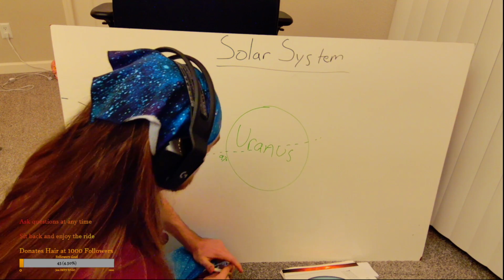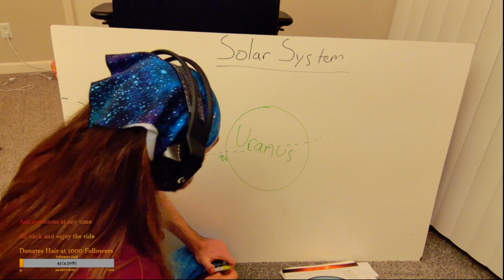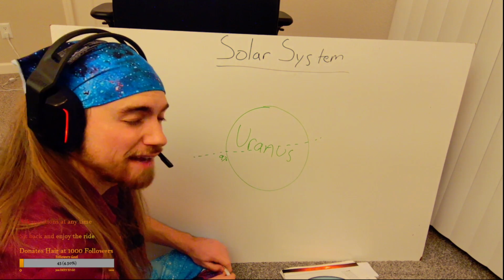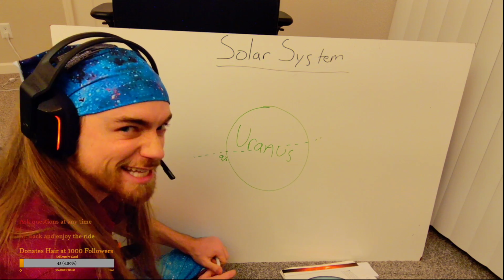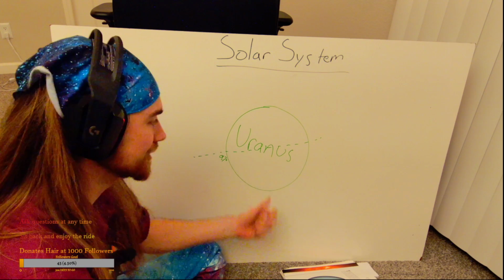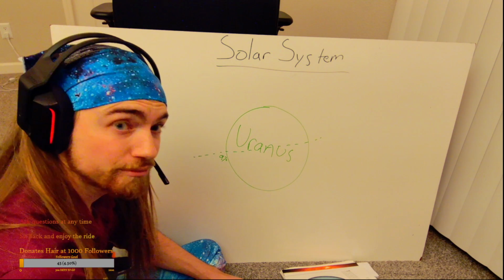It takes about 30,000 Earth days for it to go around the sun once, which turns out to be, I believe, about 80 years. So a whole person could live out their whole life before Uranus will even go around the sun once.